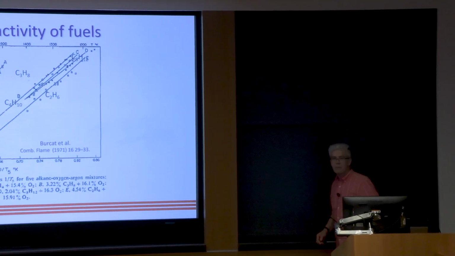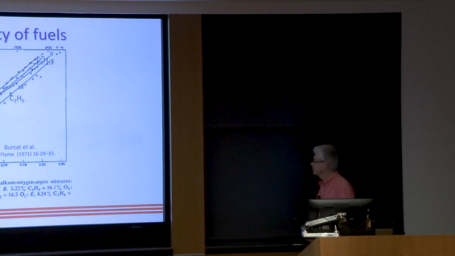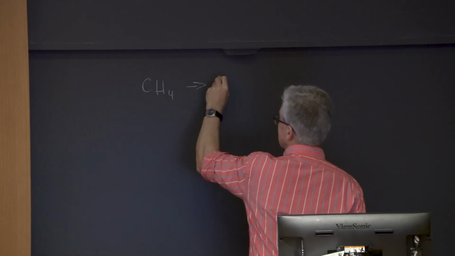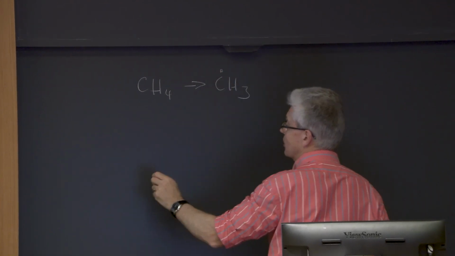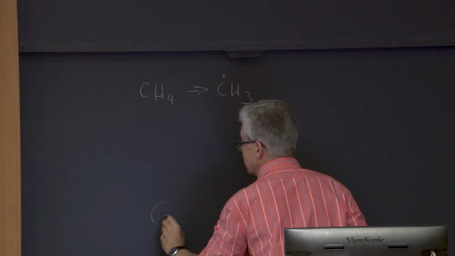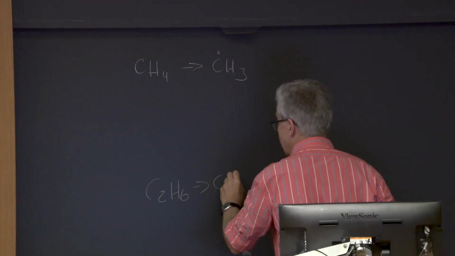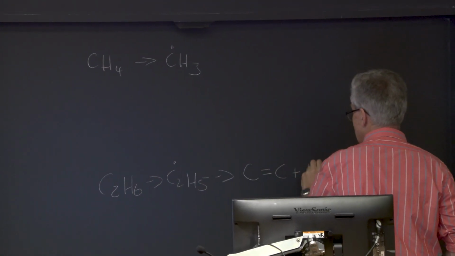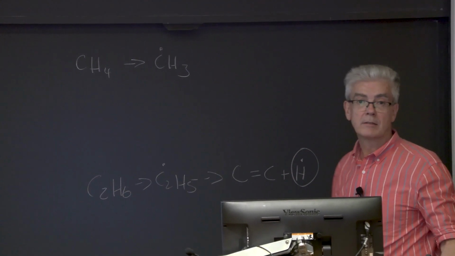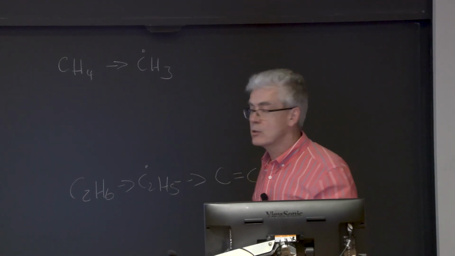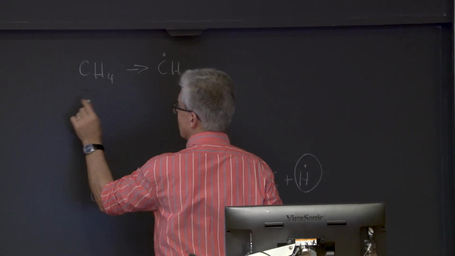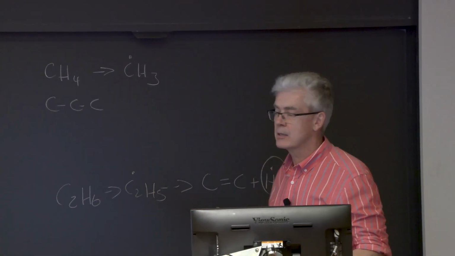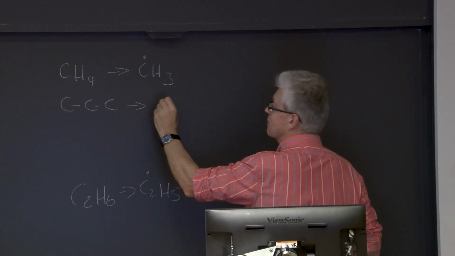Okay, what about propane, butane, and pentane? What about those guys, right? So I'll write here. So methane gives methyl, no H, okay? And then we have ethane, C2H6, gives C2H5, and that gives C2H4 plus H, and only H, right? But what about in the middle? So what about C3H8? If I'm going to draw it like this, forgive me, I'm not going to put the H's if you don't mind. I don't have much time, right? But we can get two radicals.